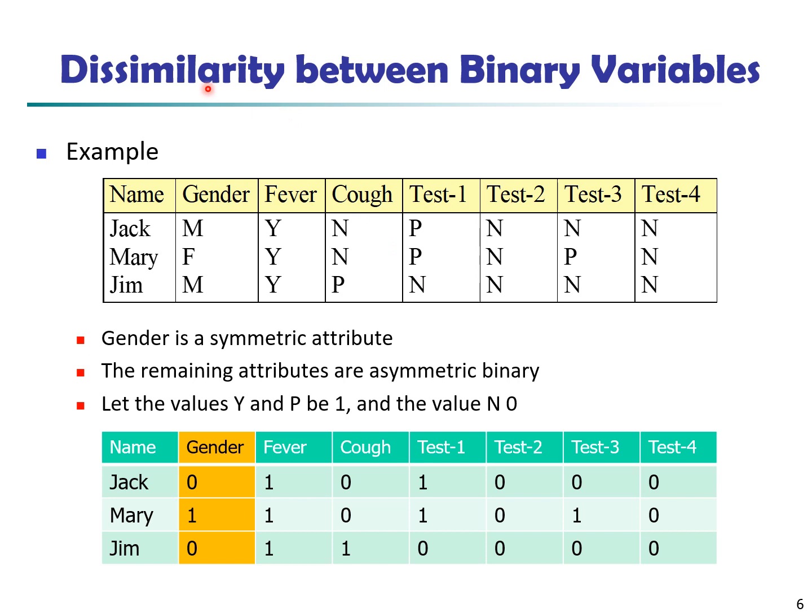Now, this is an example of how to calculate the similarity between binary variables, and we're going to take one example. Notice that each one of these is considered to be an object. So Jack is an object, Mary is an object, and Jim is an object.